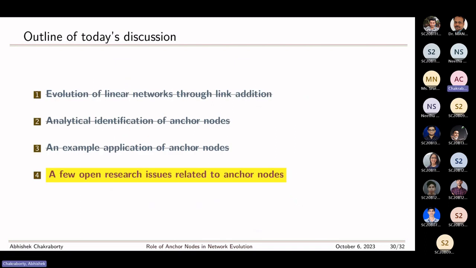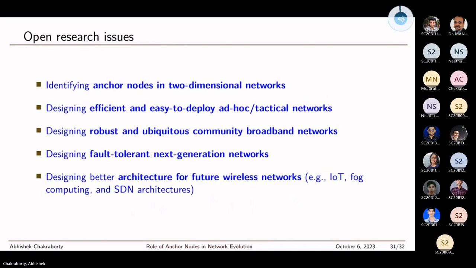So at last, open research areas. In a 2-dimensional network, whether any anchor node exists, and if it exists, where it is, is still an open question.